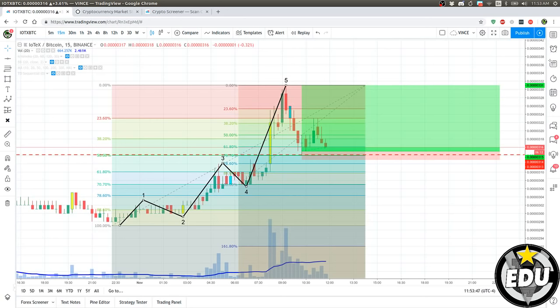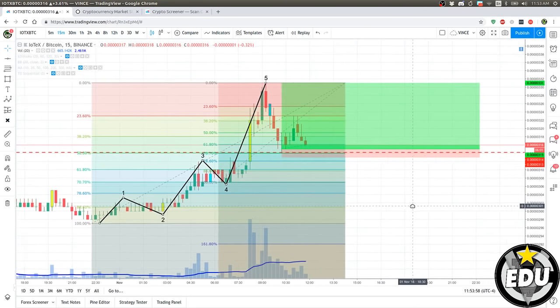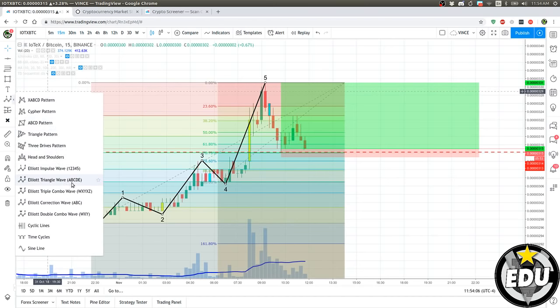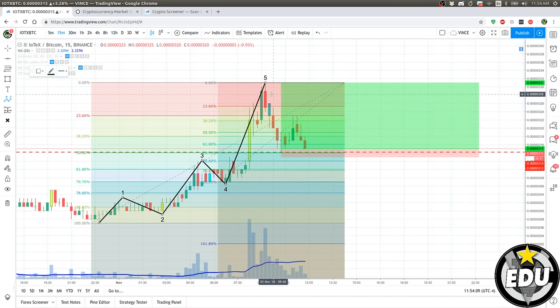Oh, okay. So this trade, if you're trading Elliott waves, I would probably wait for an ABC correction. ABC corrections can be different, and we really don't know what kind of ABC might occur in this trade.